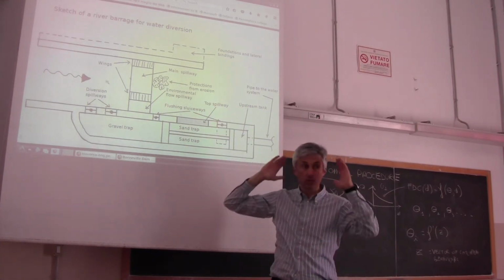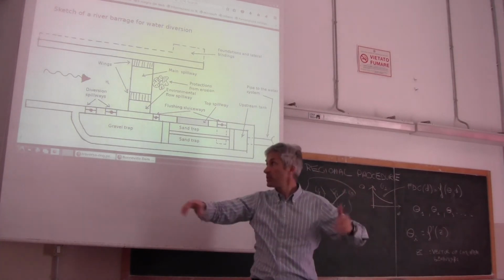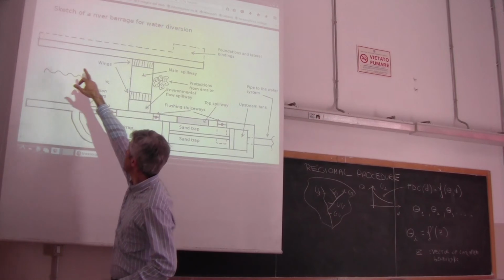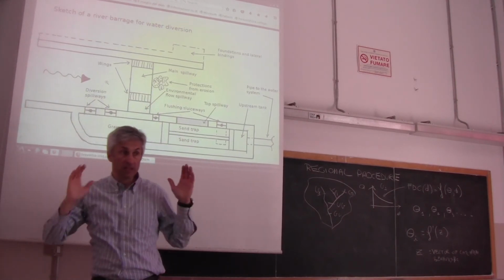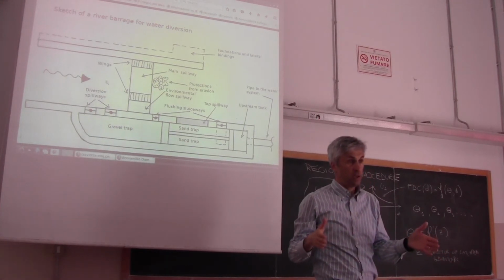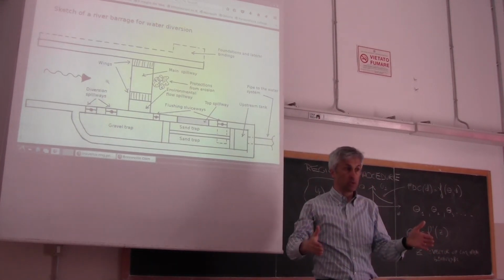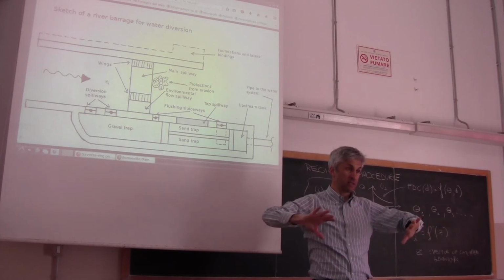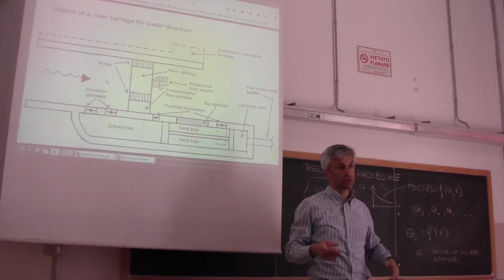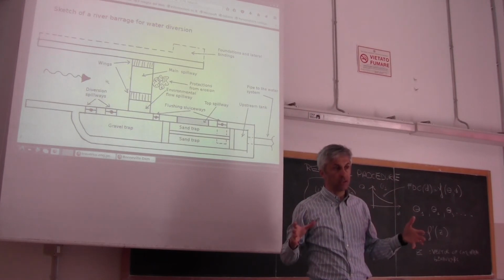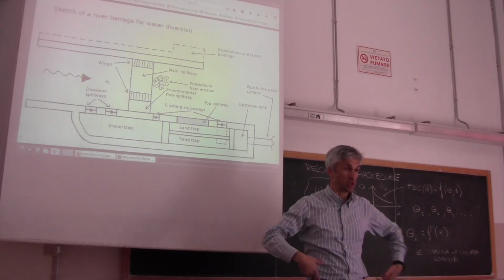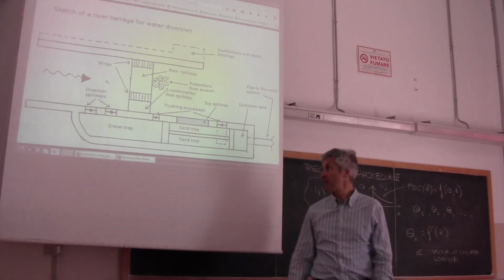Usually you have longitudinal walls, like this one, and the upper one, which build the main structure of the barrage. And these longitudinal walls are binded to the hill slopes with some structures in order to make sure that the whole structure is stable, is not flushed downstream by floods.